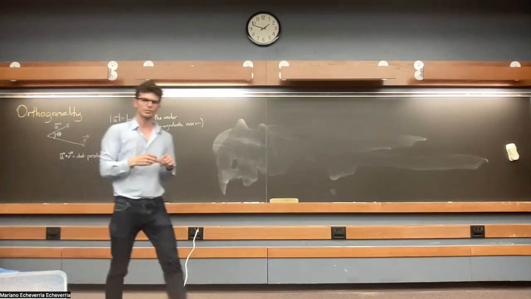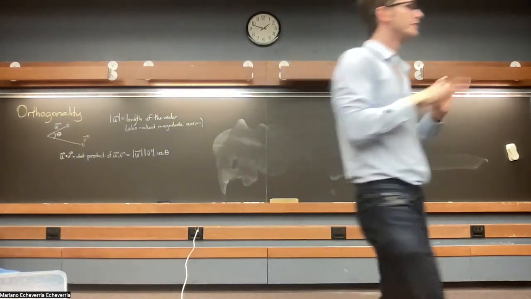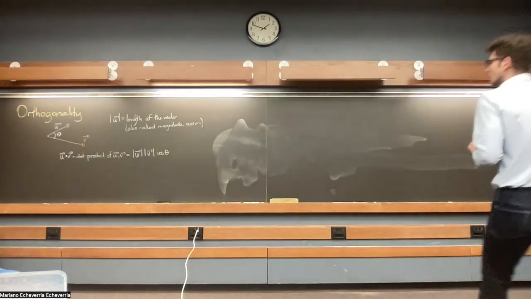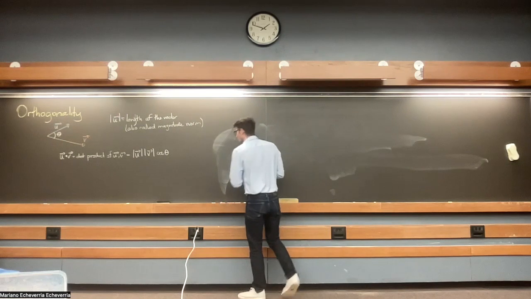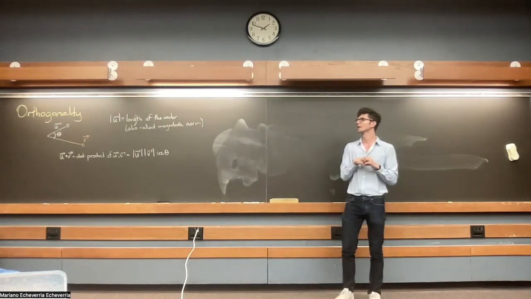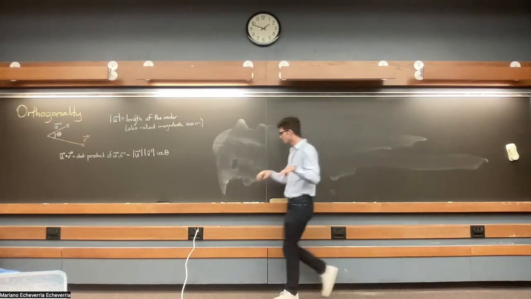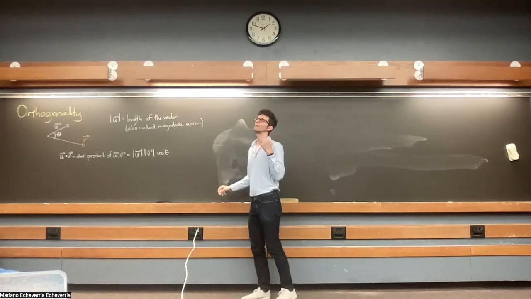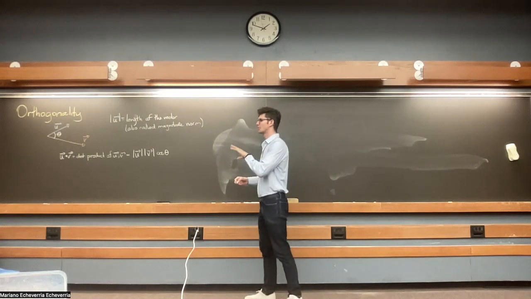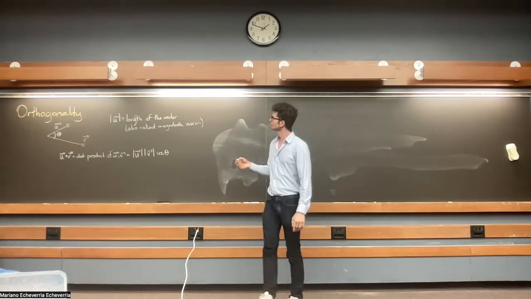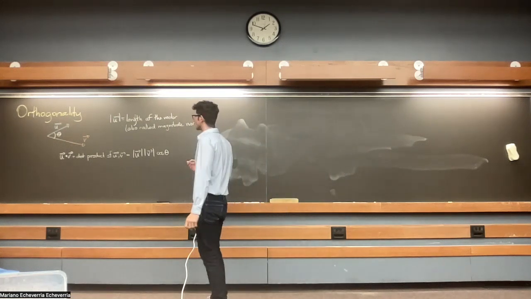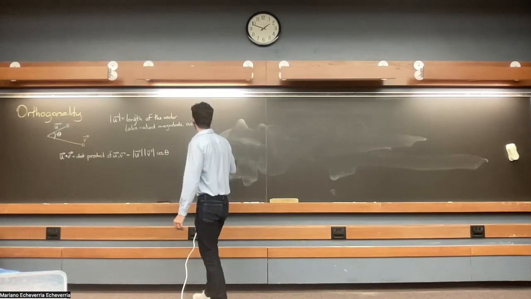Hopefully this looks familiar. So that's the dot product. Now, there are important things about the dot product that we'll use. The first one was an alternative formula for the dot product.